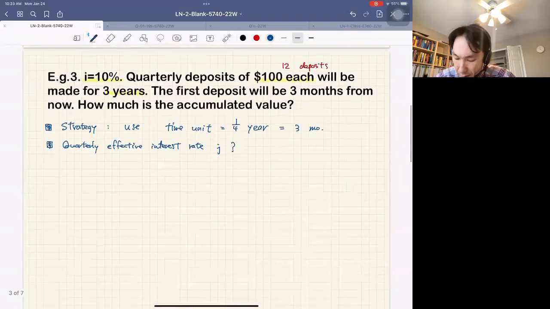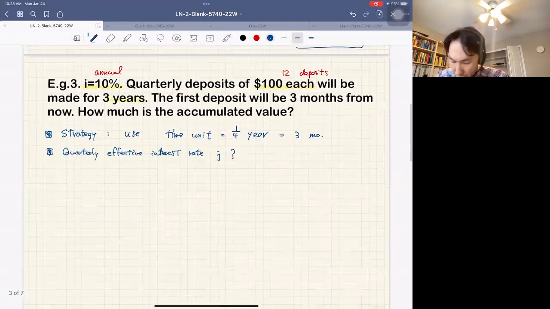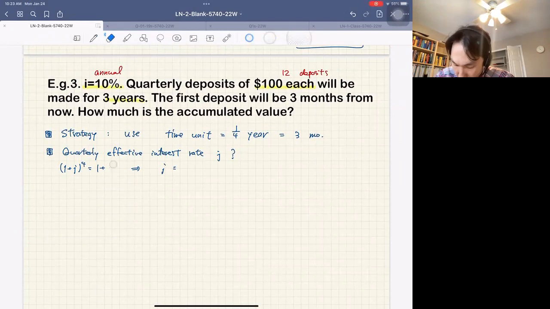So we have i equal to 10%. This is the annual effective rate. So we have to transform this into a quarterly value. So we can see that (1 plus j) to the fourth power is equal to 1 plus i. The i is 10%, so this is 0.1.